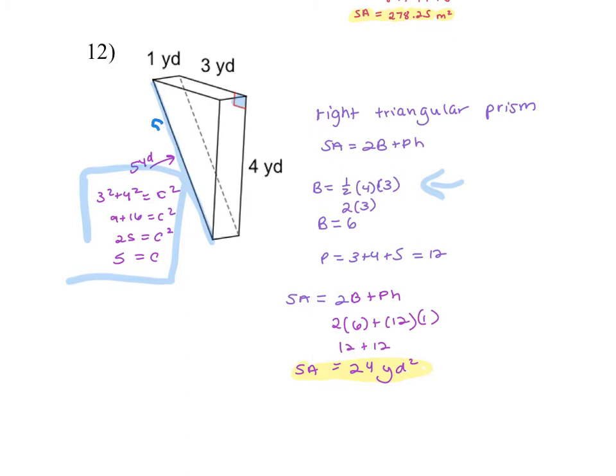But if not, you did Pythagorean theorem. And then from there, the perimeter is 3 plus 4 plus 5. And then times it by the height, which was 1, because you could sit it down on its side. Right now, it's not sitting on its base. So 2 times the base area, so 2 times 6 is 12, plus the perimeter, which was 12, times the height, which was 1. 12 plus 12, 24 yards squared.